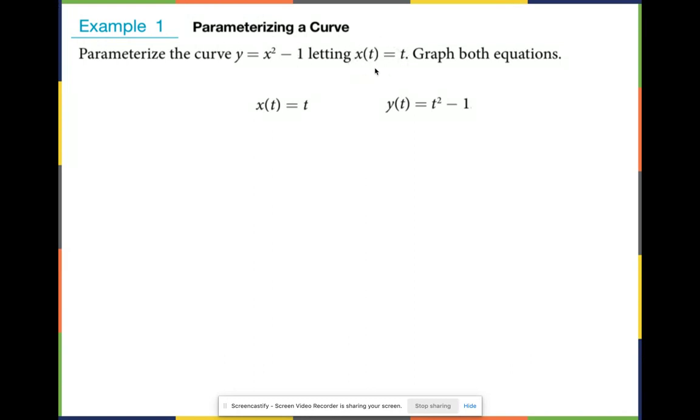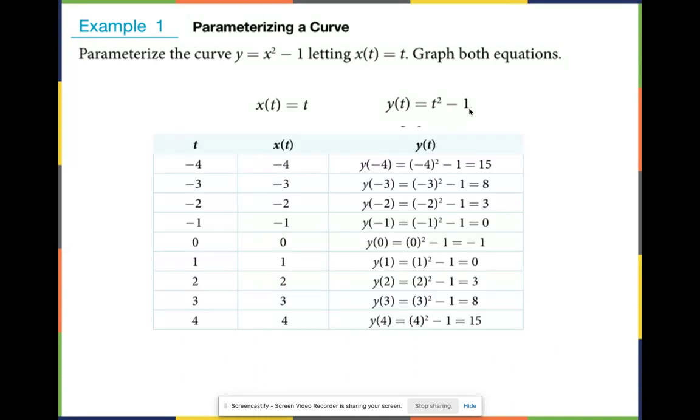They're telling us one of the parametric equations: let x of t equal t. Based on that, y of t is t squared minus 1. Not too tricky so far.